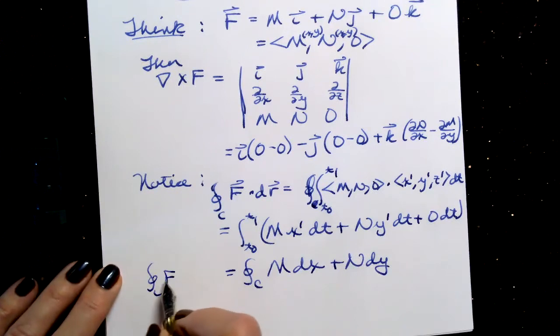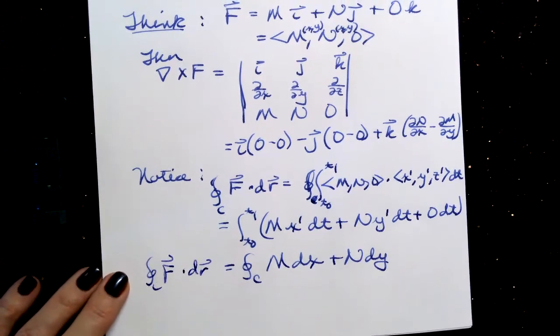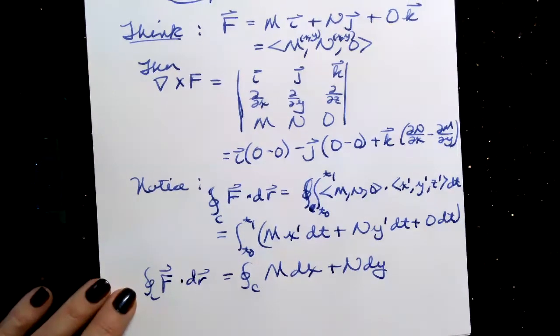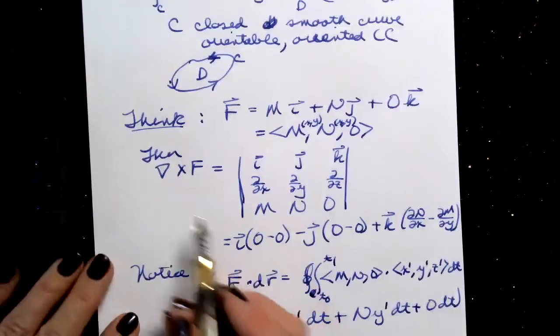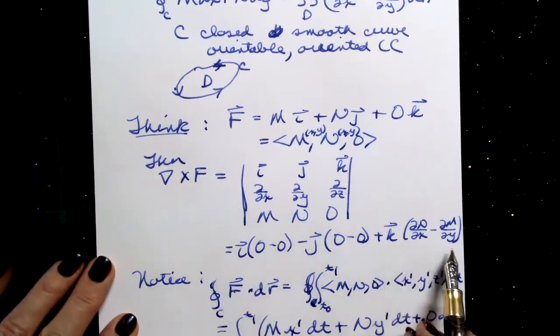All right, and that was one side of Green's theorem. Now we have the curl of F dot k; the curl of F is k times this term.